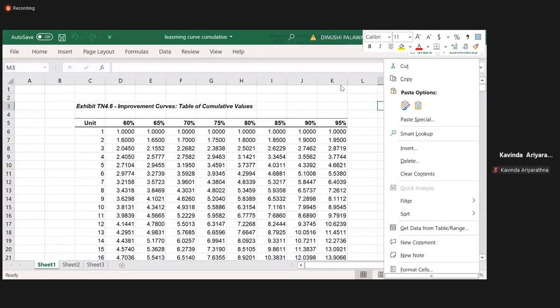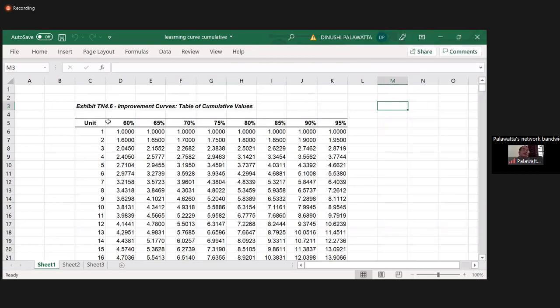Okay, so now, we have to calculate how long it takes for the first 50 units. Here in this table, first unit takes 1. That's why you have 1 here.